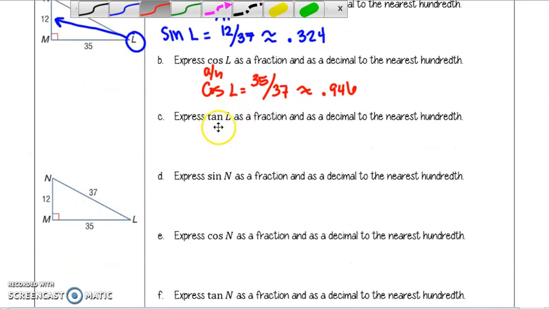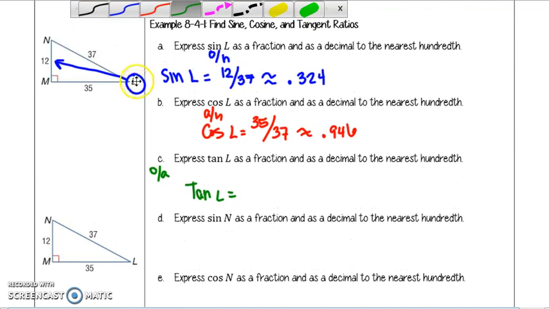Okay, tangent L. TOA, O over A. Going from L, opposite is 12, adjacent is 35. Again, not the hypotenuse. And that is approximately 0.343.